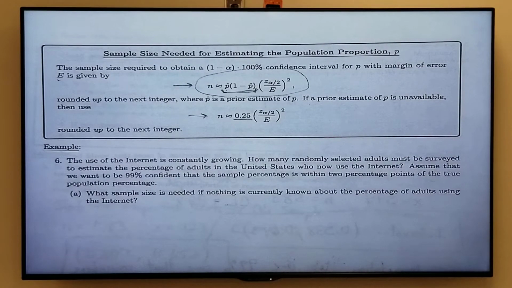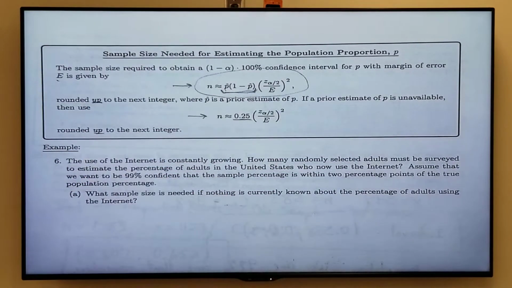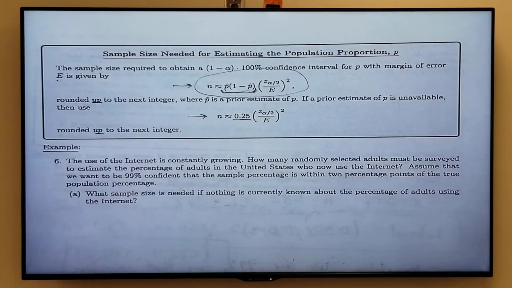But one thing I will say is that in both cases, we're going to do a weird kind of rounding. In both cases, we're going to round up to the next integer. So we're not going to round off, we're going to round up. That means that even if we get an answer of 15.1, we're still going to round up to 16. Because if we get an answer of 15.1, then that means that we need at least 15.1 individuals in our sample, okay?